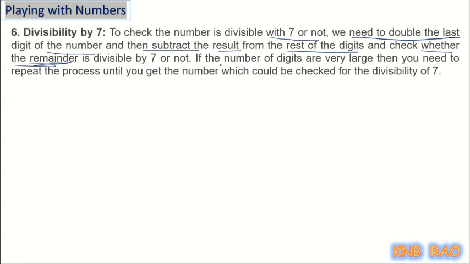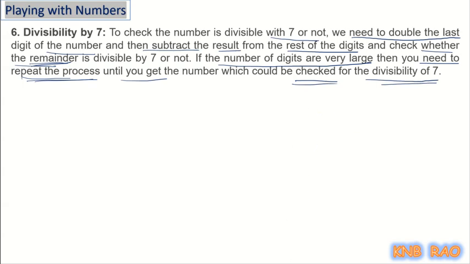Suppose the number is very large, containing more digits, then you need to repeat this process until you get a number whose difference can be checked for divisibility by 7. So this process is to be done.